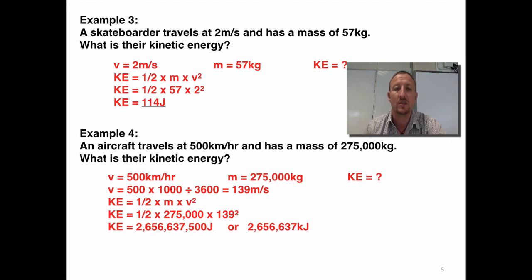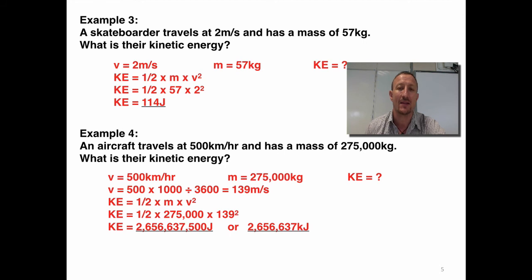So the first thing we must do is convert the speed into meters per second. Kilometers is easy to convert because there are 1,000 meters in a kilometer. So if I multiply the speed by 1,000, that will change the meters section. I then have to divide by the number of seconds in an hour, because I don't want to know how far it goes in an hour, I want to know how far it goes in a second.